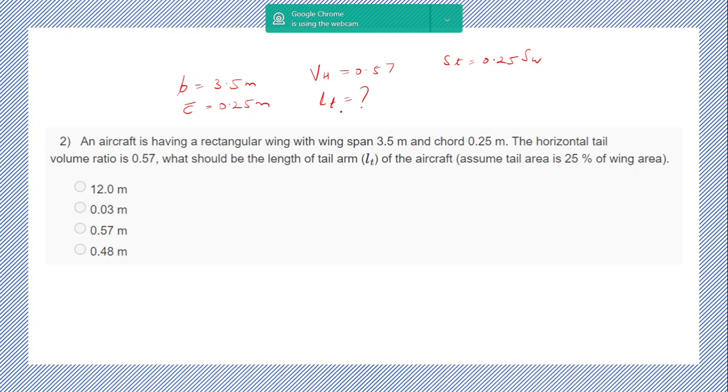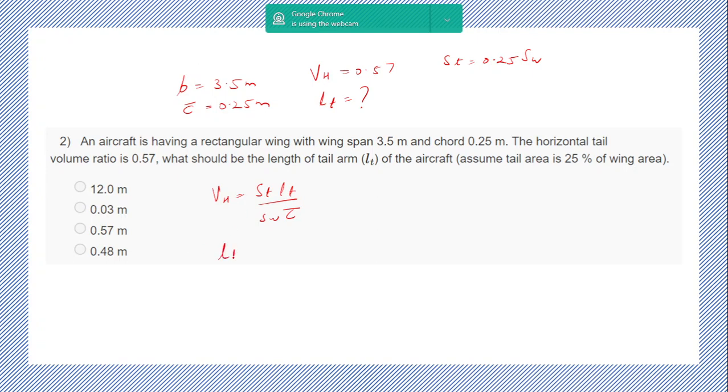We need to find the tail moment arm. What formula do we use? We just discussed this formula in the previous slide. Yes, into C bar. So you have all of those terms.